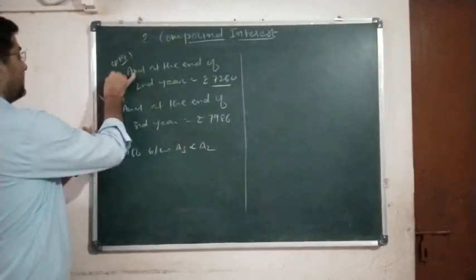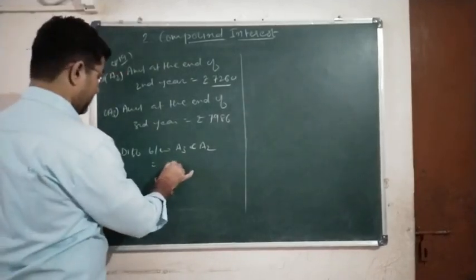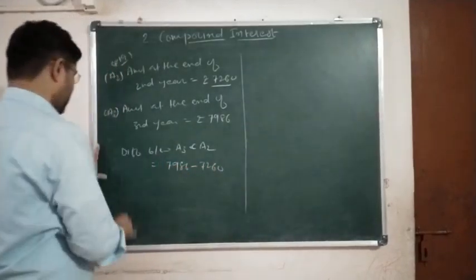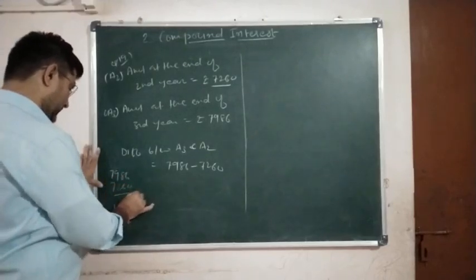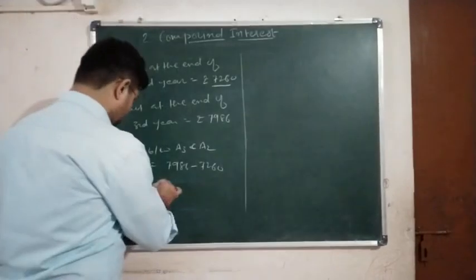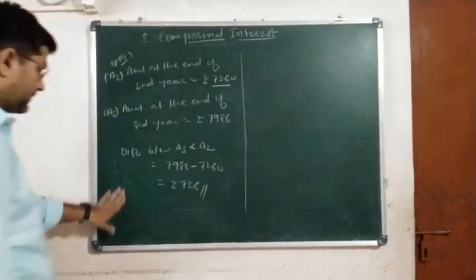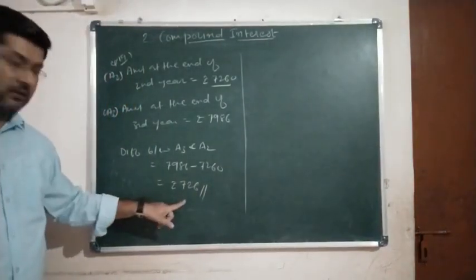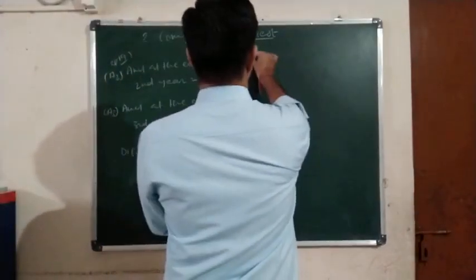Okay, let me write down in brackets so that you can understand. Is equal to 7986 minus 7260. So 7986 minus 7260. Okay, 726. So rupees 726 is the difference between the amounts for two successive years. Now we will write that 726 is simple interest or interest.